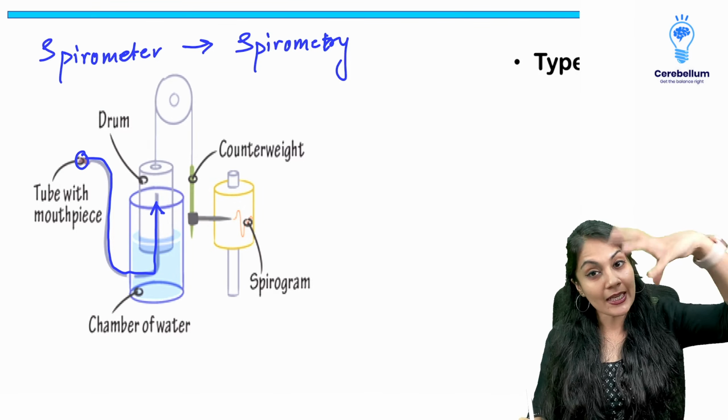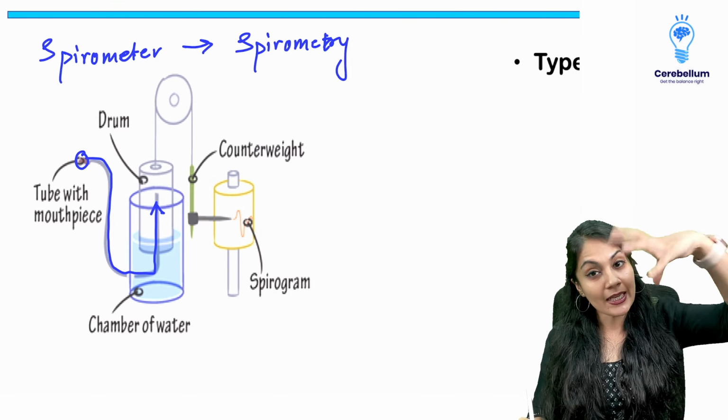So the first one here is the inverted one, and this is the outermost which is shown over here. There are in total three cylinders, two vertical and one inverted. Please remember that.